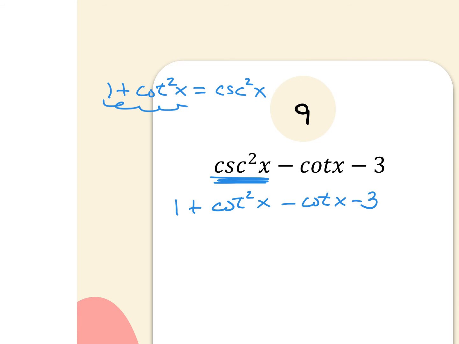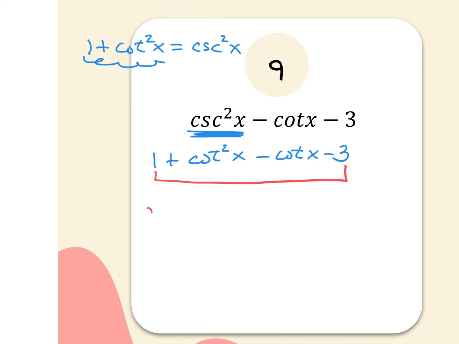So I'm going to combine my like terms and then put this into standard form so I can factor it. I'm going to write the cotangent squared first, then the cotangent of x, and then add 1 minus 3. Now I have a nice easy trinomial that I can factor.